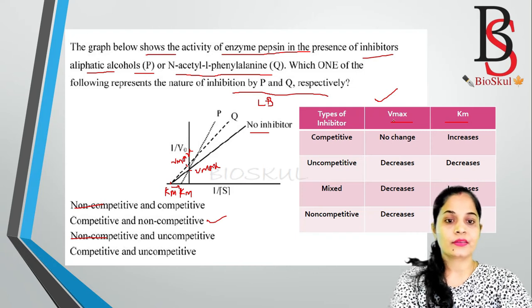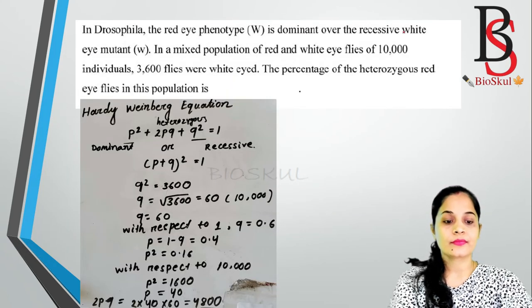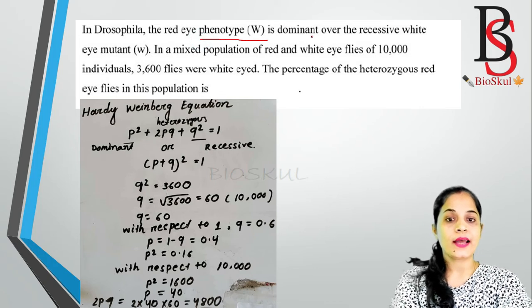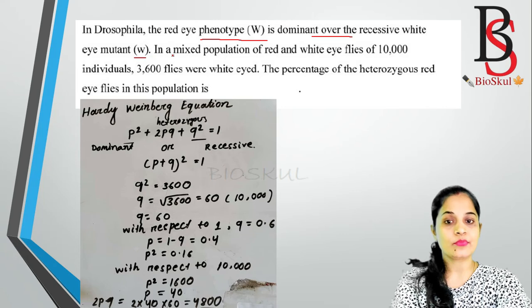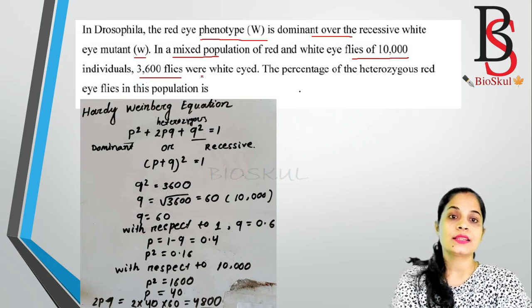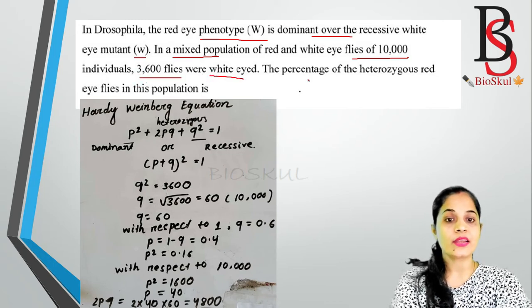Okay, this one. In Drosophila, the red eye phenotype W is dominant over the recessive white eye mutant, small w. In a mixed population of red and white eye flies of 10,000 individuals, 3,600 flies were white-eyed.